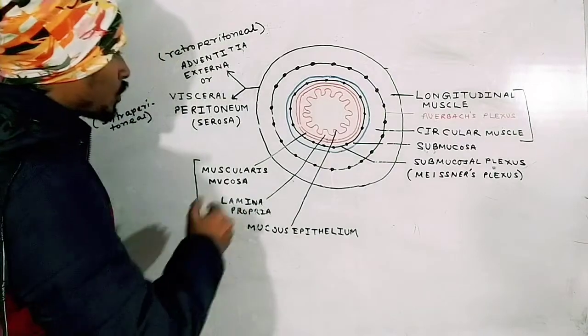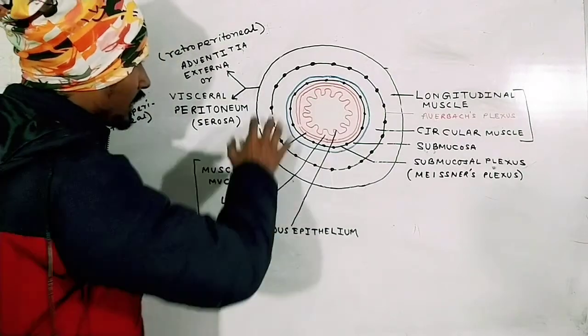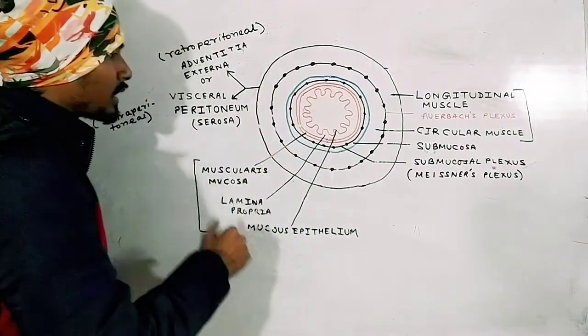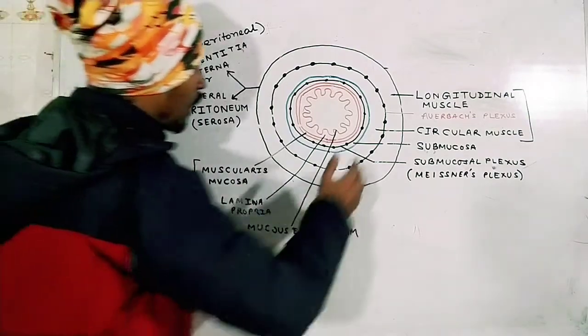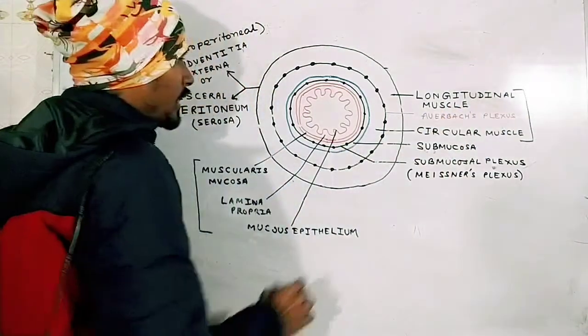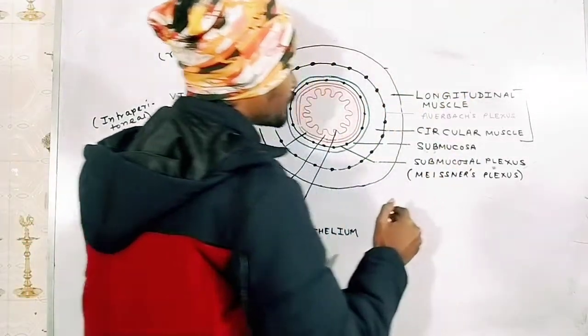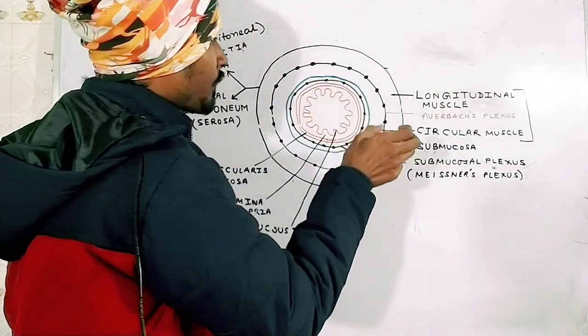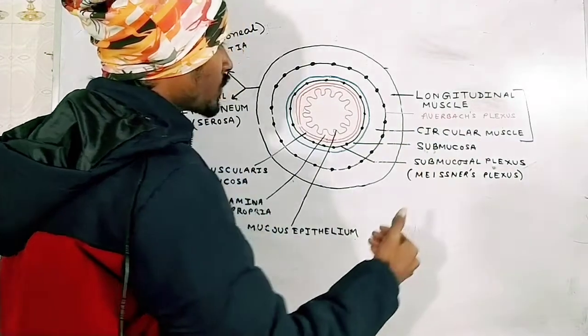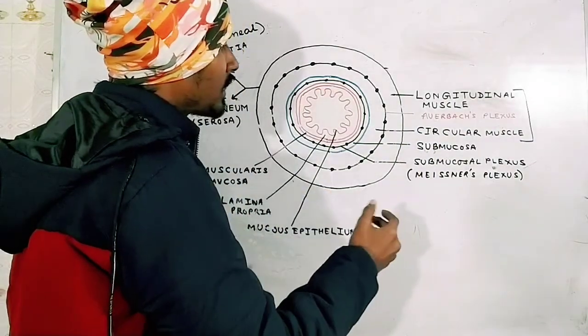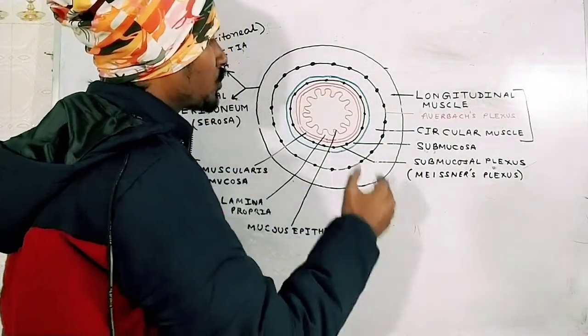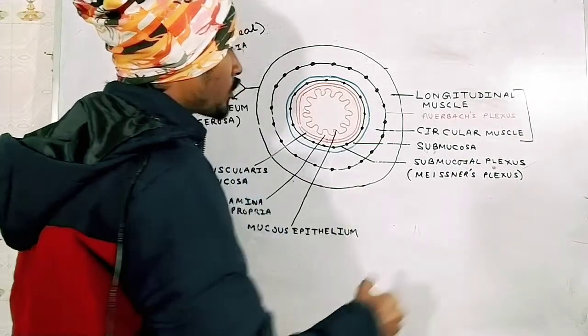Now let us talk about the inner layer. The muscular layer is divided into two parts: the outer longitudinal muscle layer and the inner circular muscle layer. The longitudinal muscle layer shortens the distance the food has to move, whereas the circular muscle layer prevents the food from traveling backward.